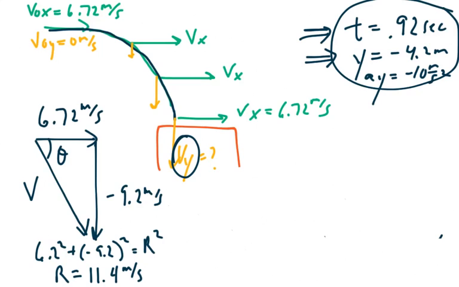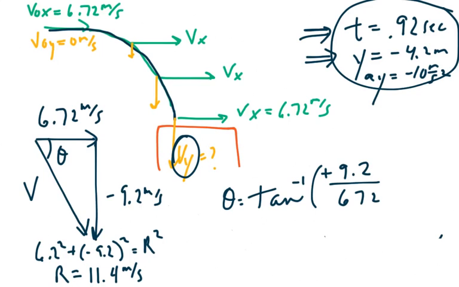So the angle would be found by doing theta equal to the inverse tan of the opposite over the adjacent, so negative 9.2, and in fact at this point we could just make that a positive 9.2, over 6.72. Inverse tan of 9.2 divided by 6.72, so theta is equal to 54 degrees.